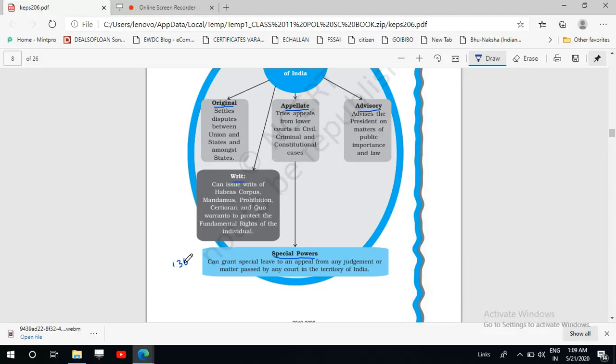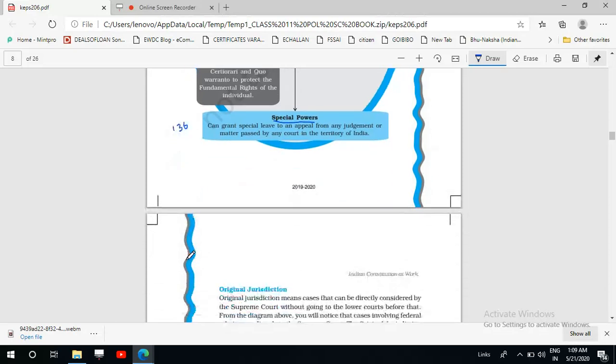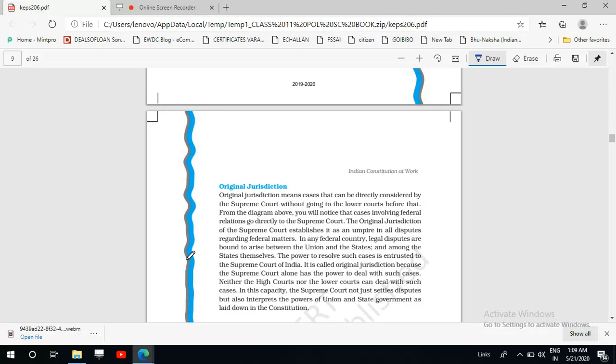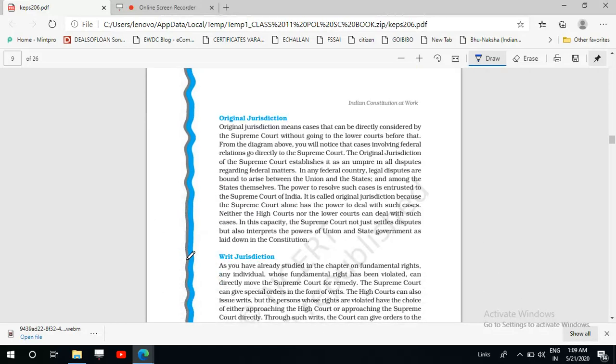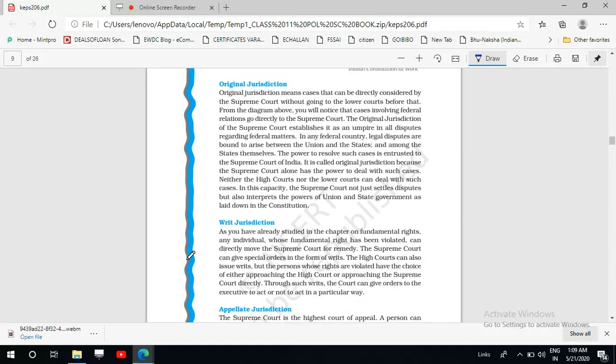Original jurisdiction means that no other court in the country can decide such disputes. These are the disputes which can be decided only by the Supreme Court. Supreme Court has the power to hear such disputes in the first instance and not by way of appeal.